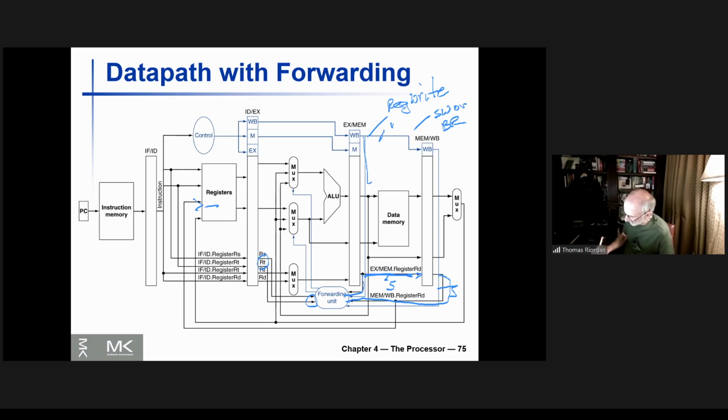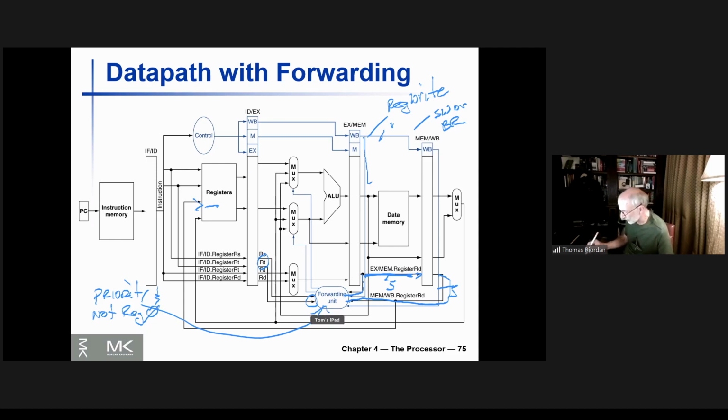And then all the other stuff about priority, the other two things, priority and not register equals 0, that's all inside here.